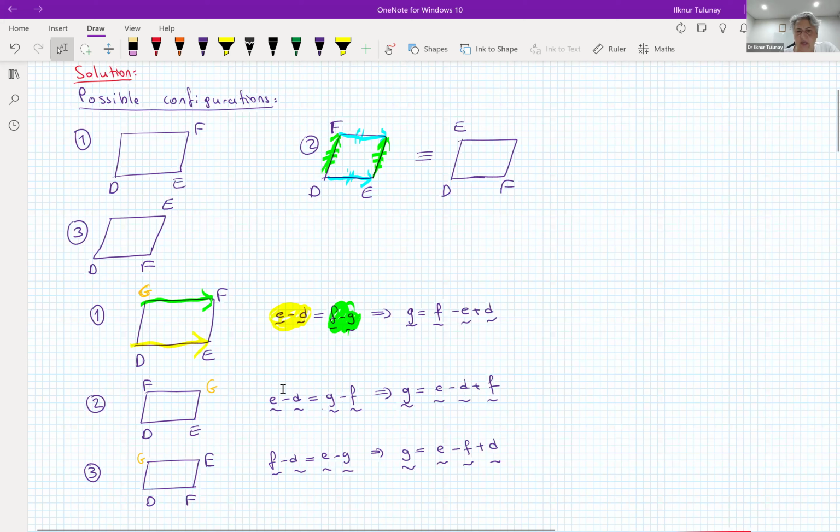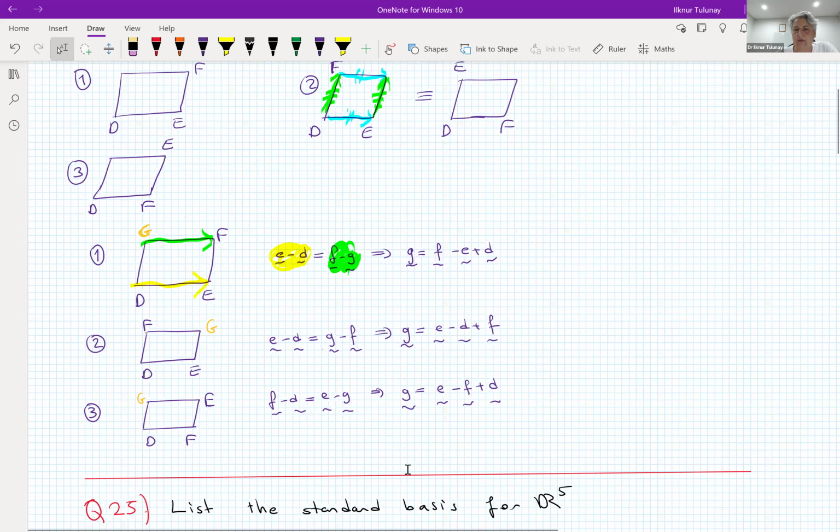So FG will be G minus F, DE will be E minus D, GE will be E minus G, DF will be F minus D, and then we will figure out the G part. That will give us the solution for this question. Okay, I think this is pretty straightforward.